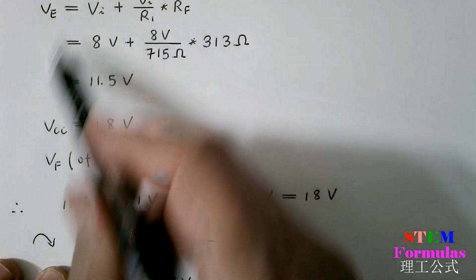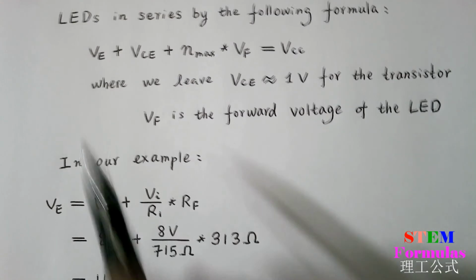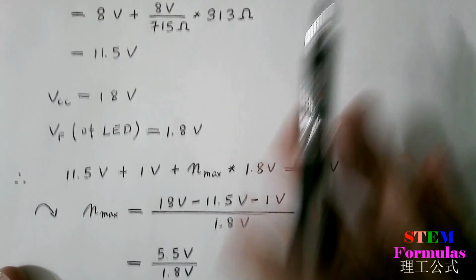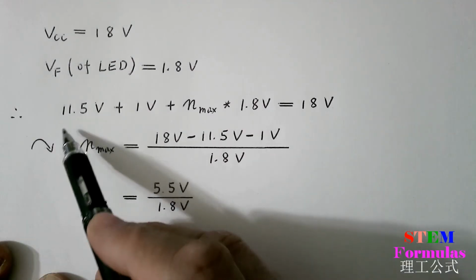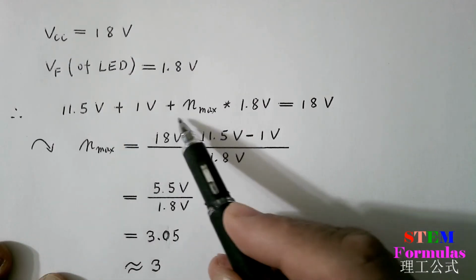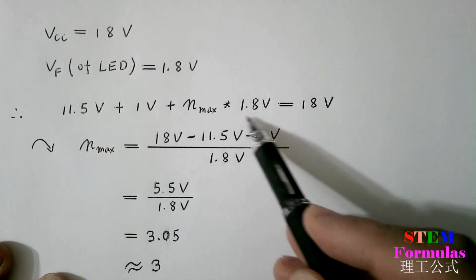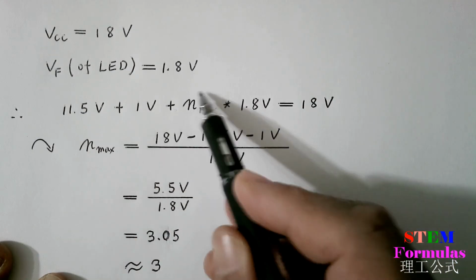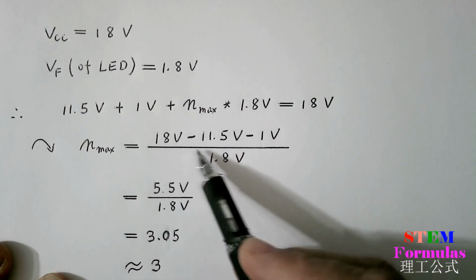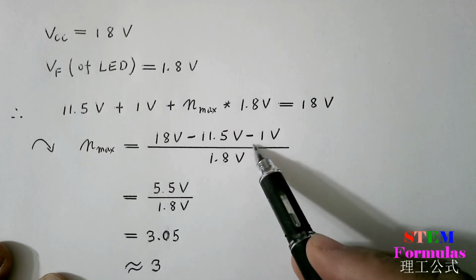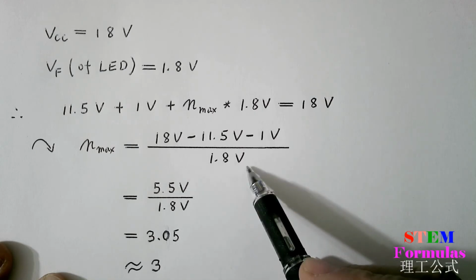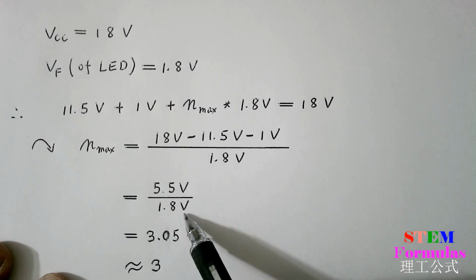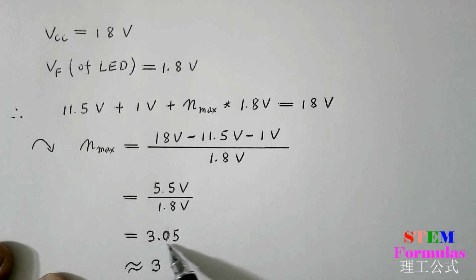We substitute all these numbers into this equation. We have 11.5 volts plus 1 volt plus n max times 1.8 volts equals 18 volts. We can find n max equals 18 volts minus 11.5 volts minus 1 volt, divided by 1.8 volts, which equals 5.5 volts divided by 1.8 volts, which equals 3.05.